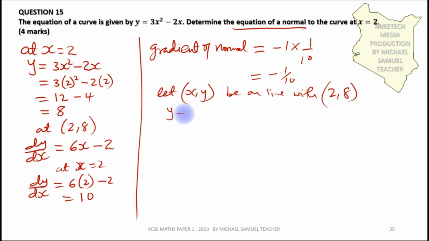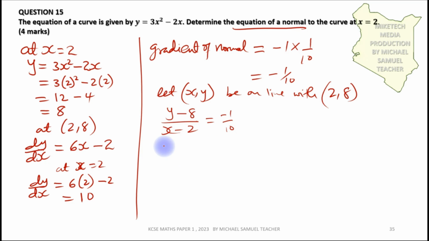Therefore the equation will be given by change in y over change in x equal to this value. So (y minus 8) over (x minus 2) will be equal to minus 1 over 10.